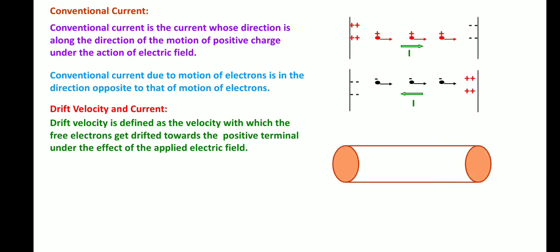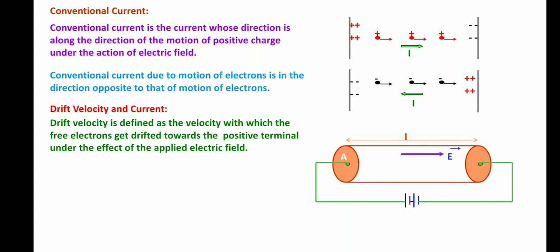To understand this, let us take a conductor of length L and area of cross section A, and the conductor is connected to a battery. That means we are providing an electric field between the two ends of the conductor. In the first lesson we studied that the electric field acts from positive to negative.